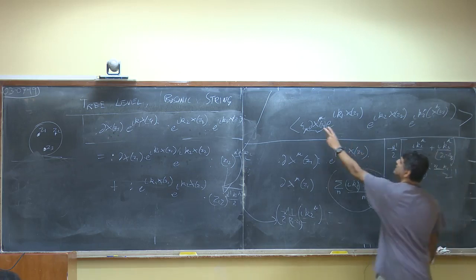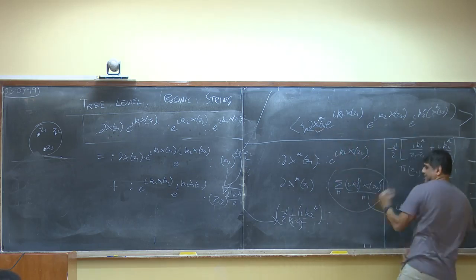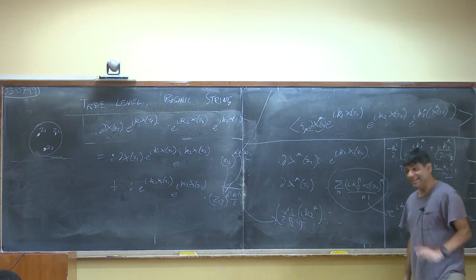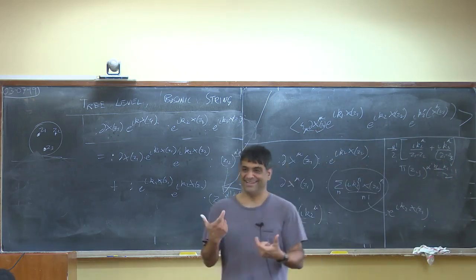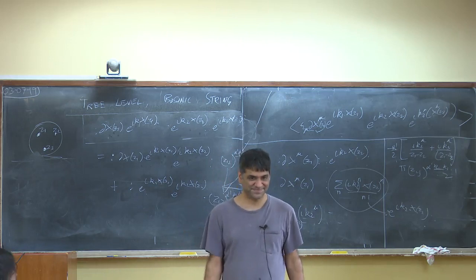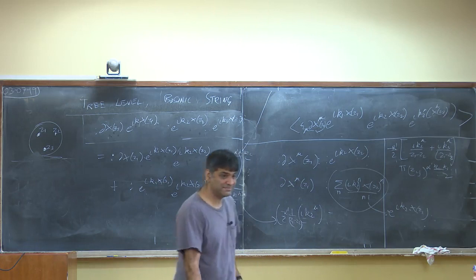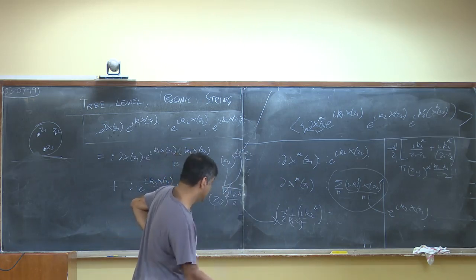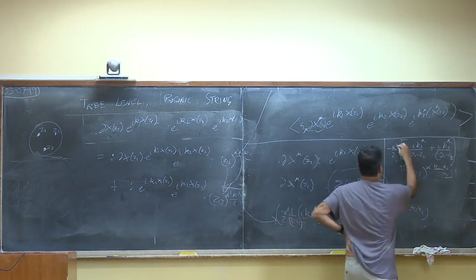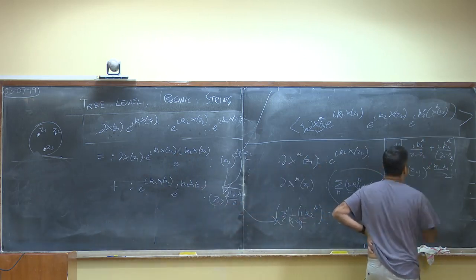These guys can contract with this and these guys can contract with this, and that will give rise to the factor. But in addition, what we will have is contractions between del x's and del x's themselves. This answer is actually zeta dot k, zeta mu.